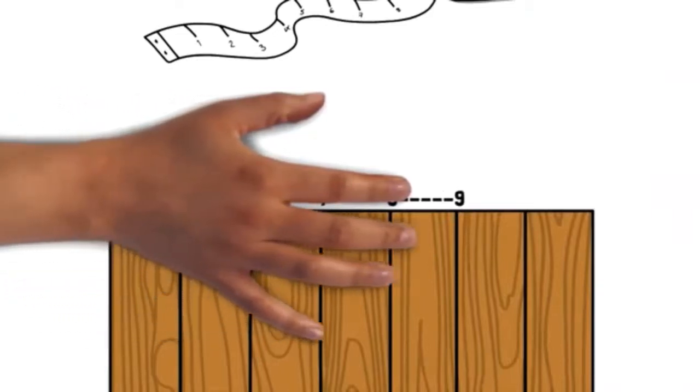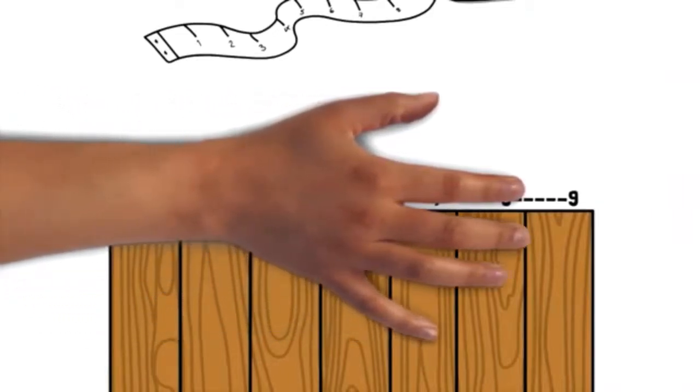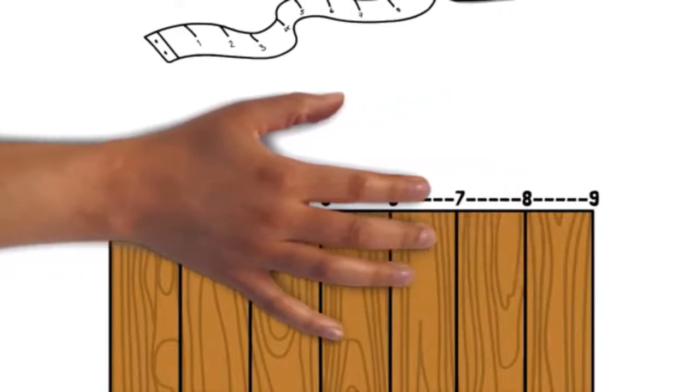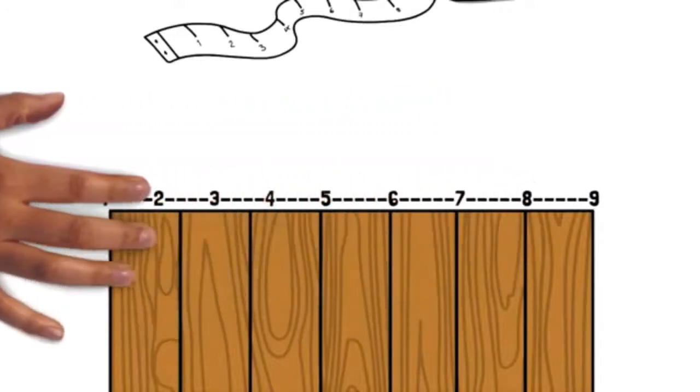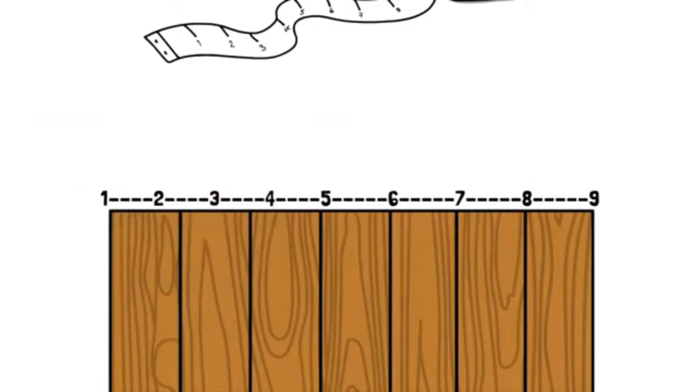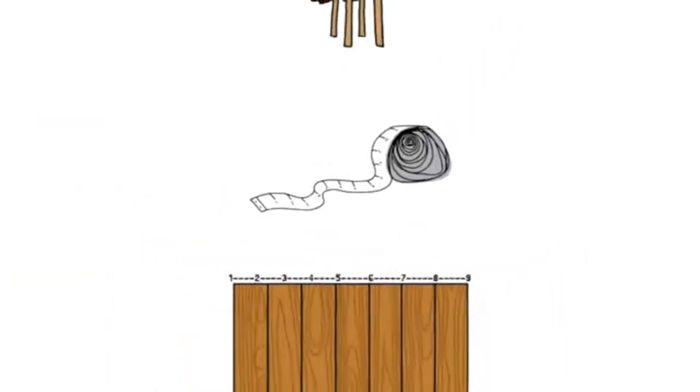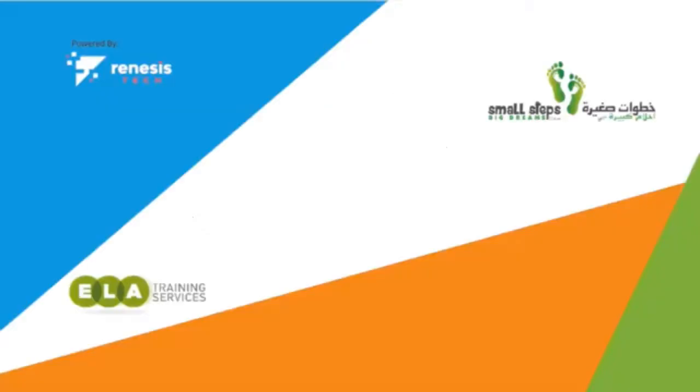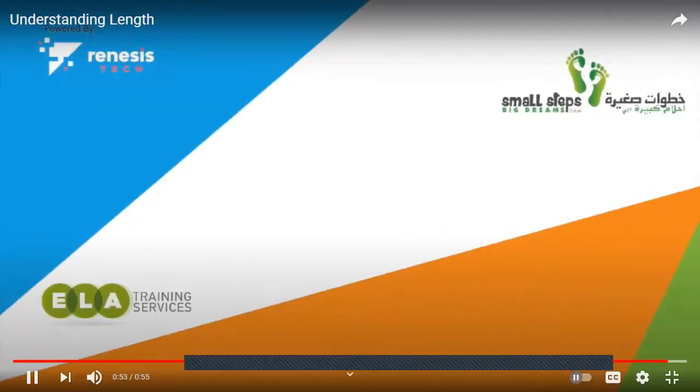And after sliding, he found out that the measuring tape said that his table was 9-inch wide. So that was the length that he found out.